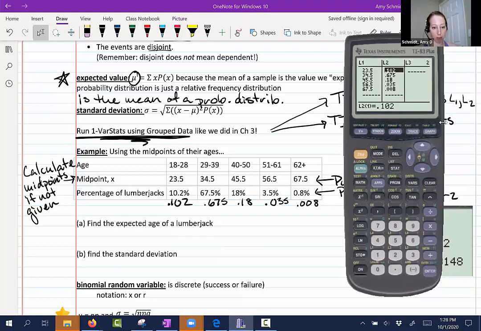Do you have these numbers in your list? Do we both have the right numbers? Yes. Okay, then the other most common mistake is when you press stat again, scroll right to calc and press enter, because the very first option is the one we want.